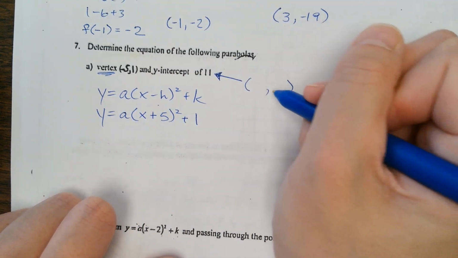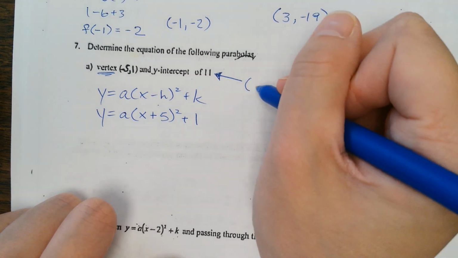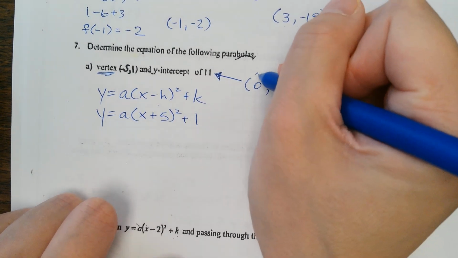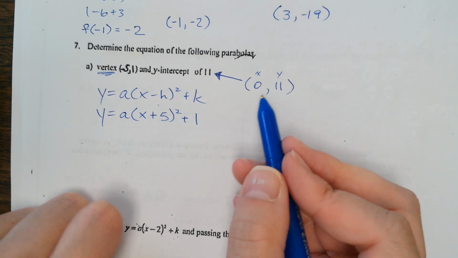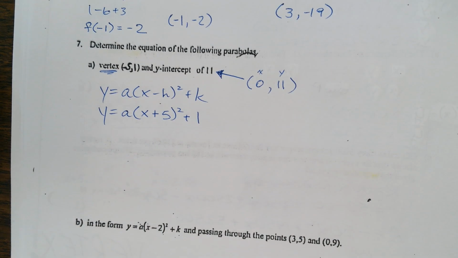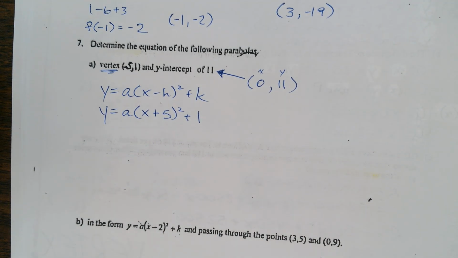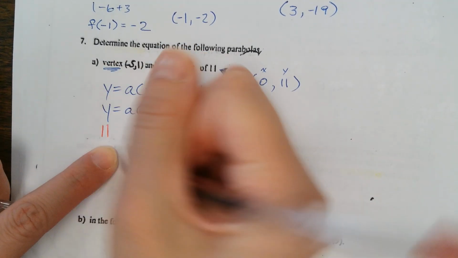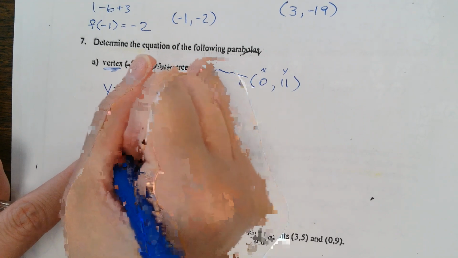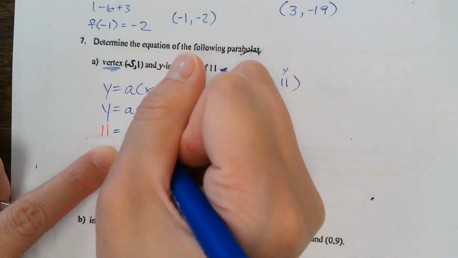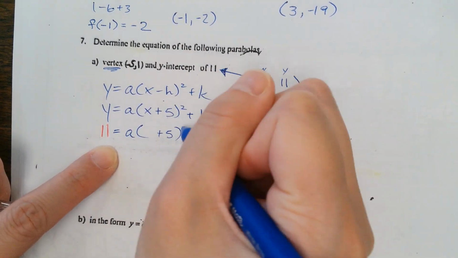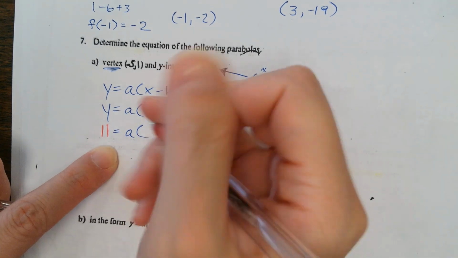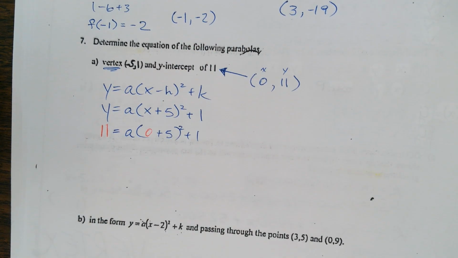What's your coordinate right here? Hazel? 0, 11. So this is your x, this is your y. So when you sub it in, that's how you can solve for a. So y is 11 equals a times, and then x is 0, like that.